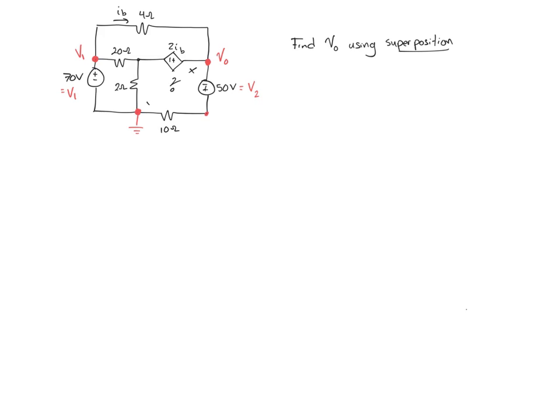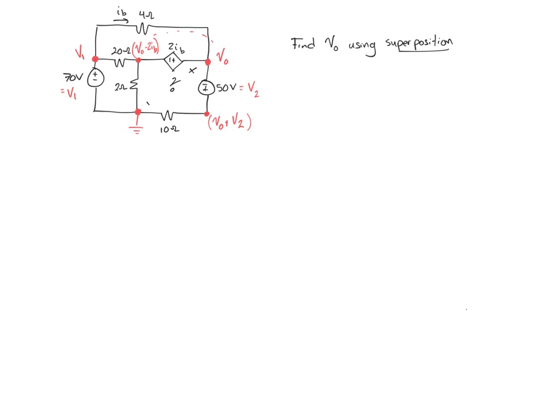I'm going to go ahead and label the node on the other side of the 50 volt source V0 plus V2. And I'm going to label the node on the other side of the dependent source as V0 minus 2IB.